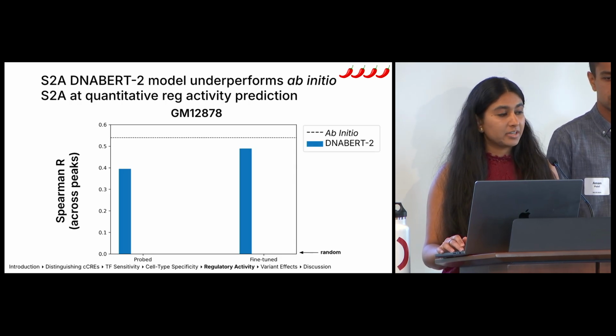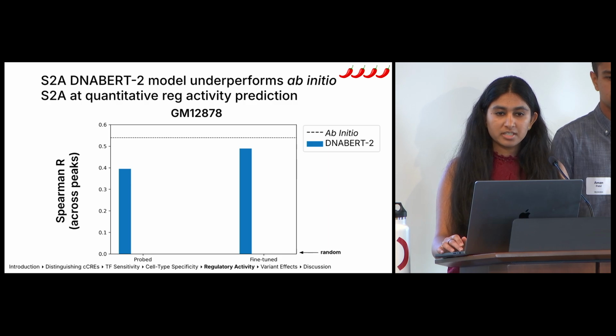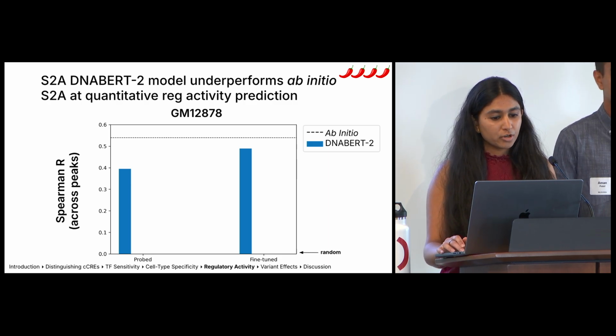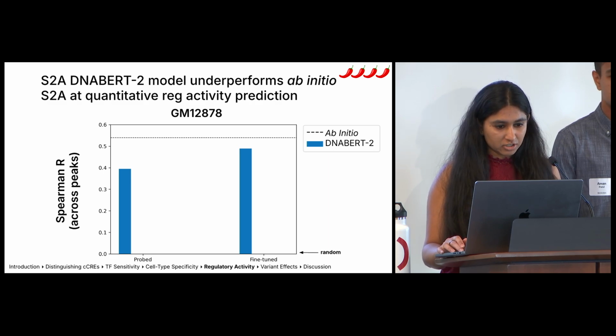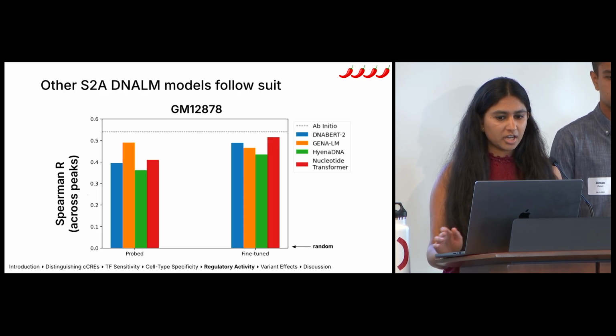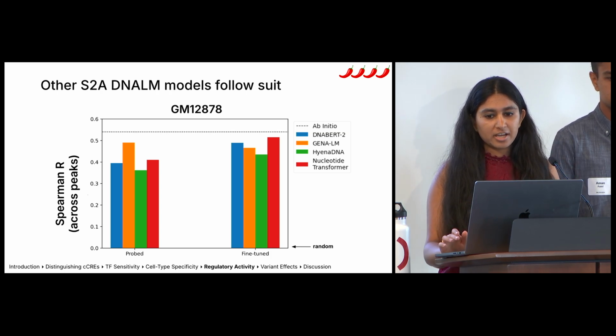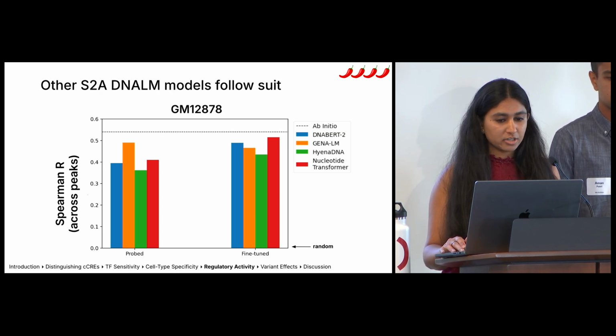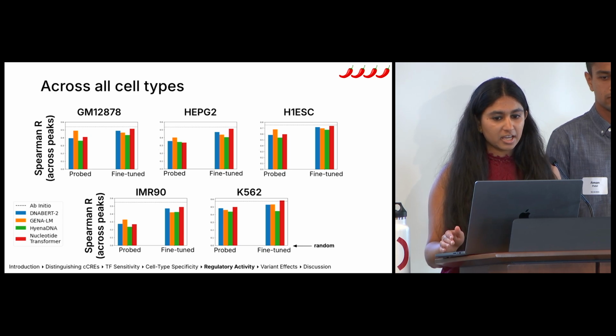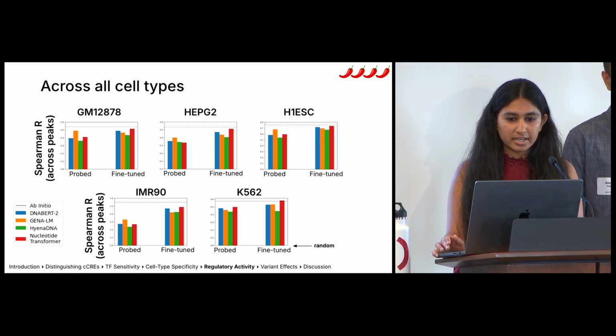The sequence to activity DNA BERT2 underperforms the ab initio in both probed and fine-tuned settings at quantitative regulatory activity prediction. And so do the other sequence to activity DNA LM-based models, with both probed and fine-tuned performance well below the ab initio. And this happens again across all cell types for all DNA LMs.